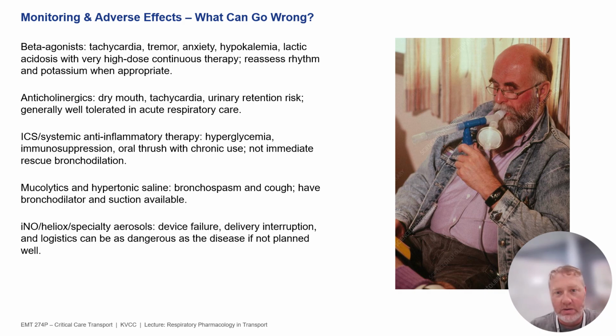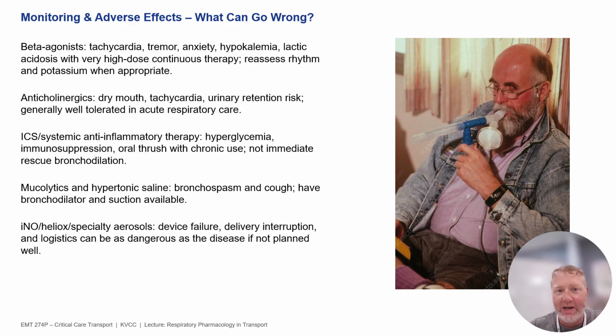Beta agonists, particularly at high doses, if you're using it for status asthmaticus, if you've got a continuous albuterol running, or if you're giving double duos to a COPD patient, or more than just a standard 2.5 milligram albuterol to an asthmatic, always be on the lookout for tachycardia, for tremors, for anxiety, and they can also cause hypokalemia.